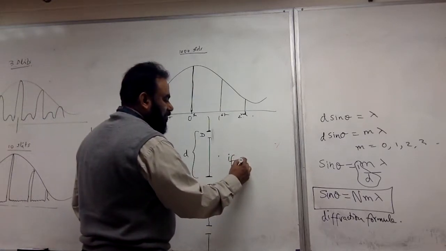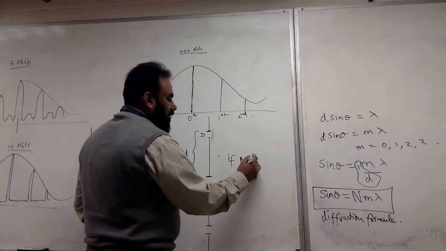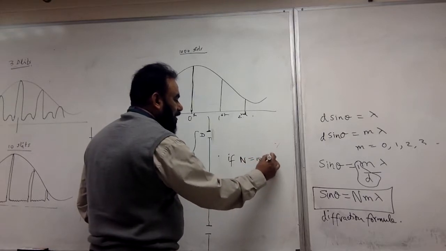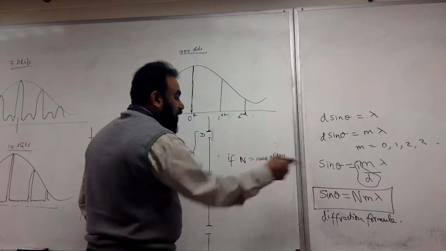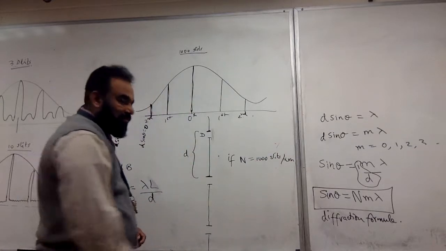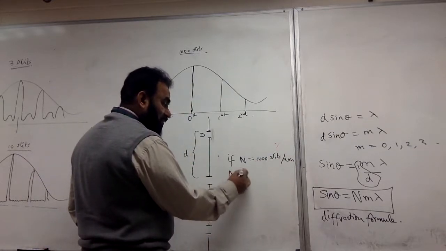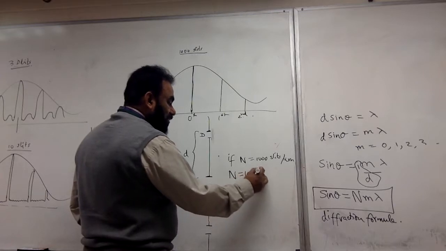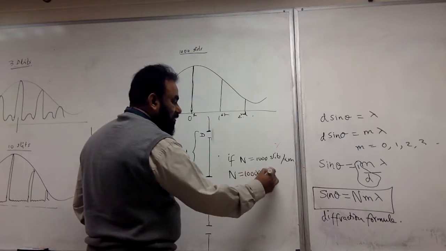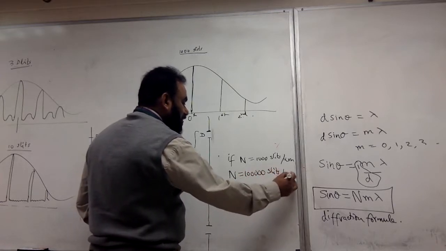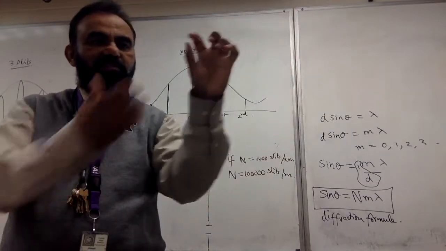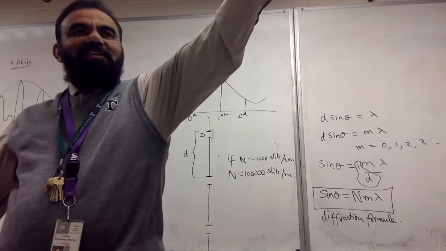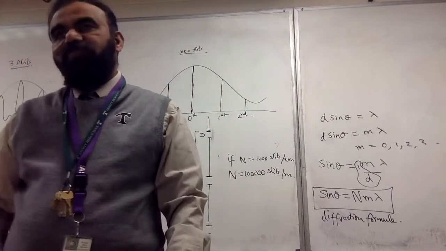If N is 1,000 slits per centimeter, what will you put N as? 100,000. If in 1 centimeter you have 1,000 slits, you have in 1 meter, of course, it's supposed to be more.